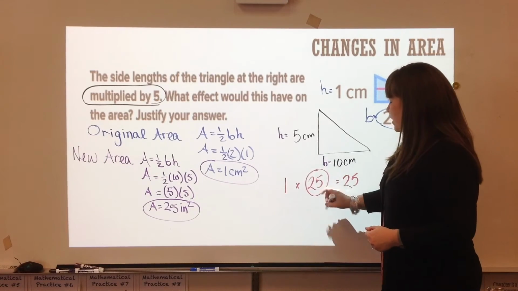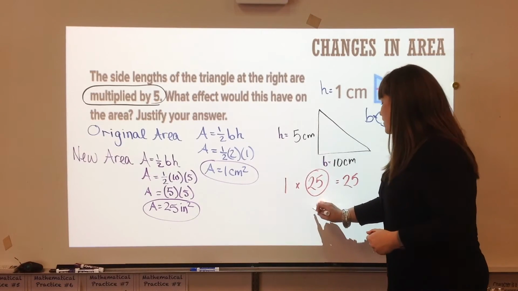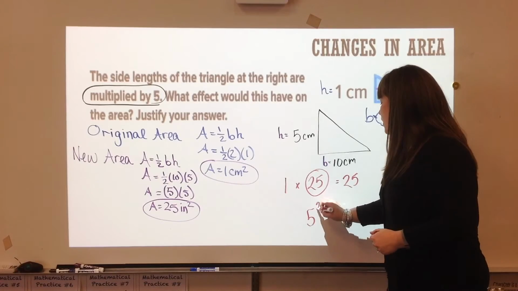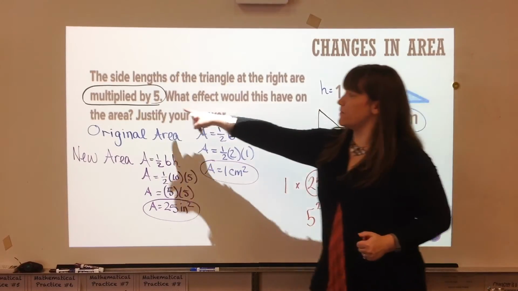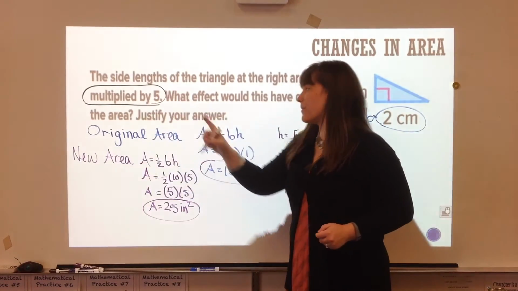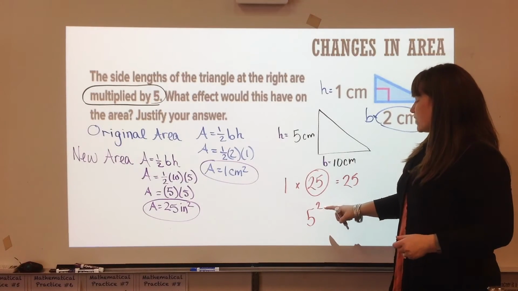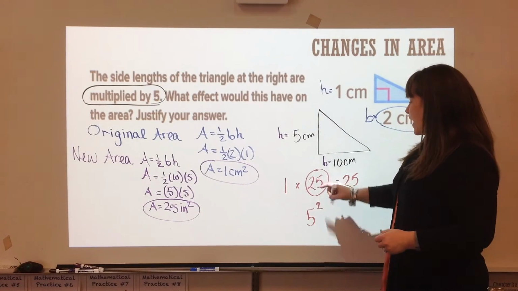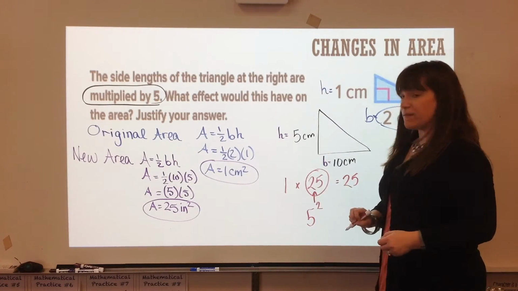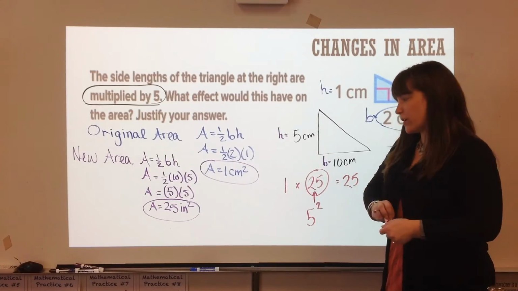What is interesting about this number 25 is that we could also take the change, the fact that we multiplied each number by 5, and we can square 5, and we will get our 25. That leads us to our conclusion.